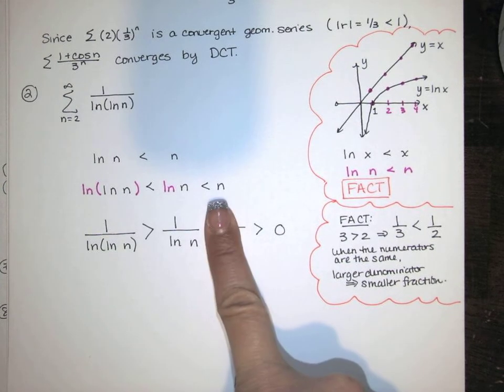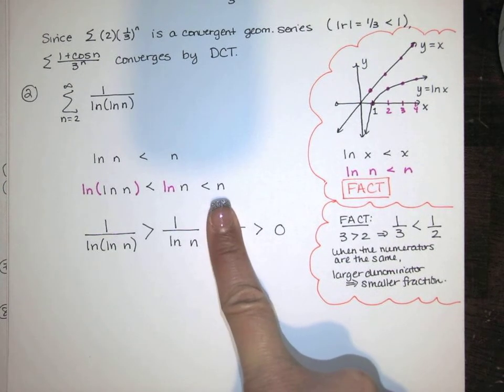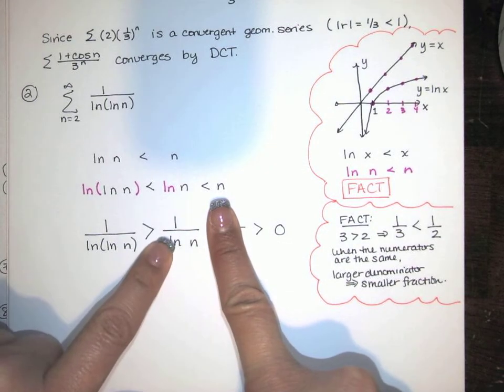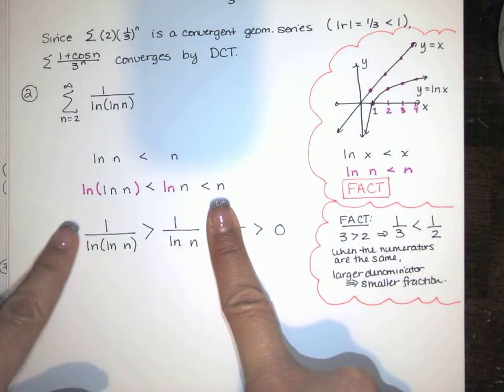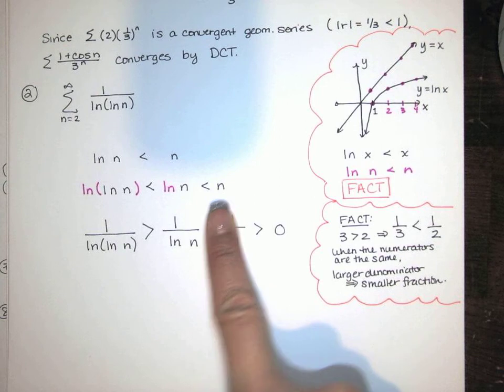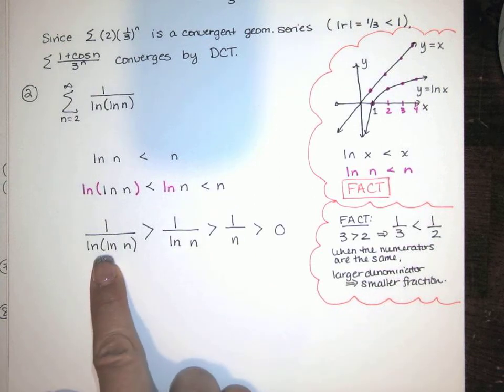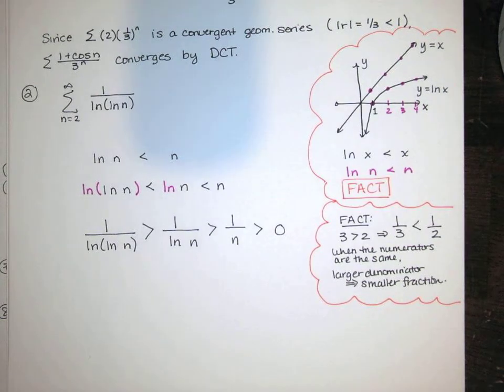Without this one, you might say, okay, that's a good comparison, but the problem is I don't know how this one behaves. We only want to use the comparison test when we can compare the terms of our series to the terms of a p-series or a geometric series, or one that's very easy to determine the convergence or divergence of.